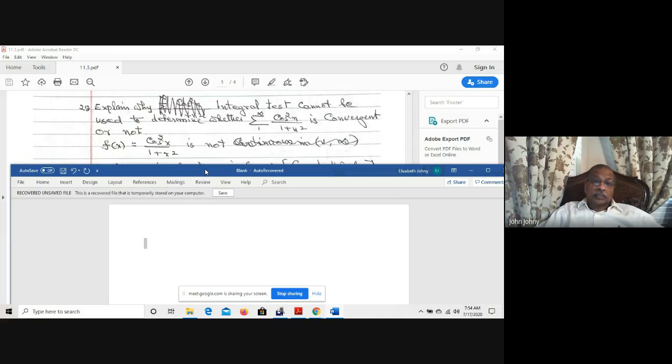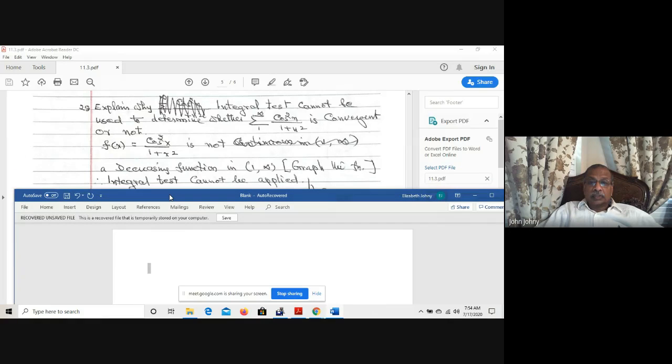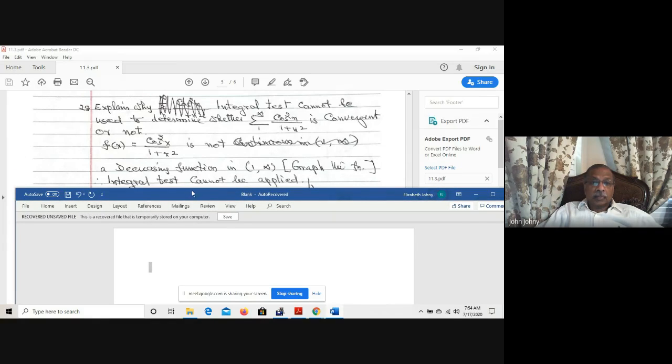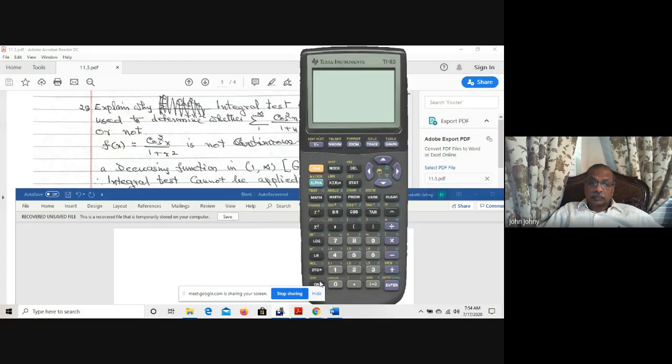So f(x) is cos squared x divided by 1 plus x squared. It should be a decreasing function, but you see the graph is not a decreasing function. Let us draw the graph. y is equal to cos squared x, meaning cos x the whole squared, divided by 1 plus x squared.